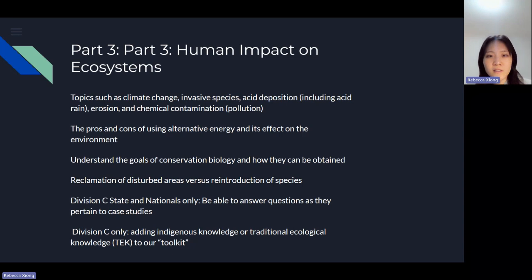So for that, I would recommend studying the pros and cons of hydropower, solar, electric, wind, and how these are used and how effective they are as well. And the goals of conservation biology. So that's understanding more of the conservation side, remediation side, and similar to that, how can we recover disturbed areas, clean up destroyed environments, and how can we reintroduce species successfully to revitalize environments?